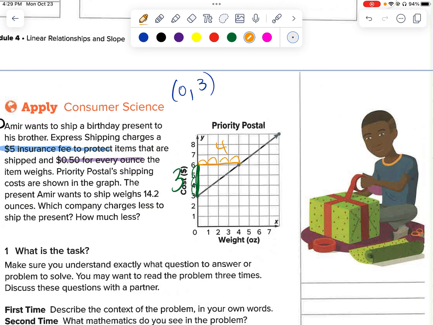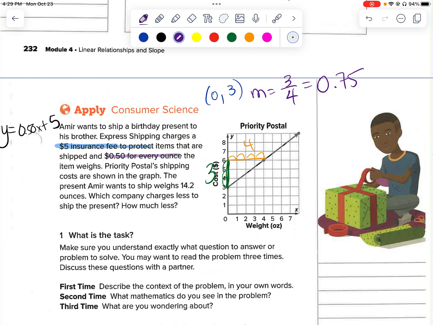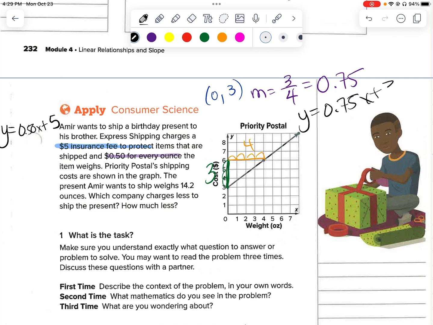So my slope is going to be 3/4. And since we have decimals on the other one, I'm going to make that into a decimal. Normally, I don't make it into a decimal, but that's okay. So this equation is going to be y equals 0.75x plus 3.